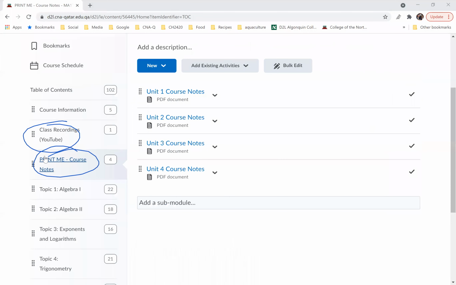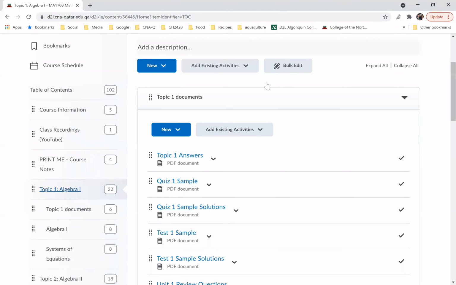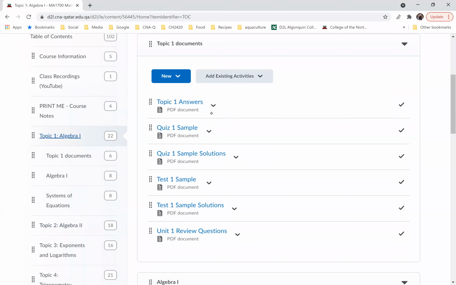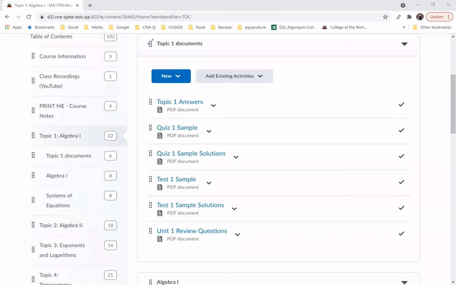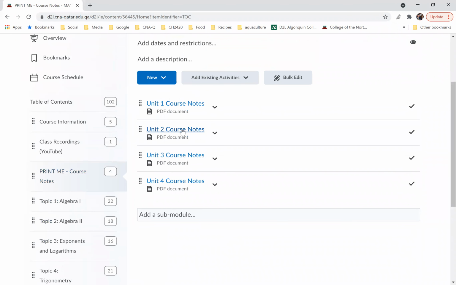In the print-me course notes is where you get most of your information. Below, you can get things like sample quizzes and sample tests, which I highly recommend looking at. I would definitely look at that if you get a chance this weekend. But anyways, I am here in the print-me, looking at the course notes for Unit 2.